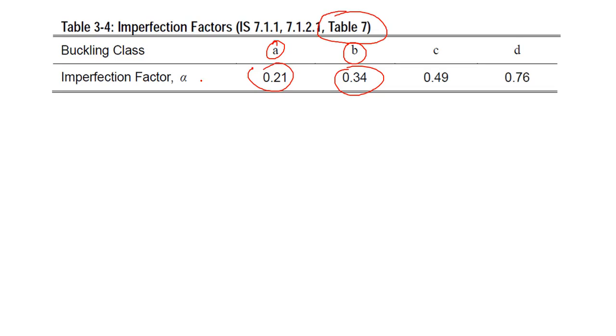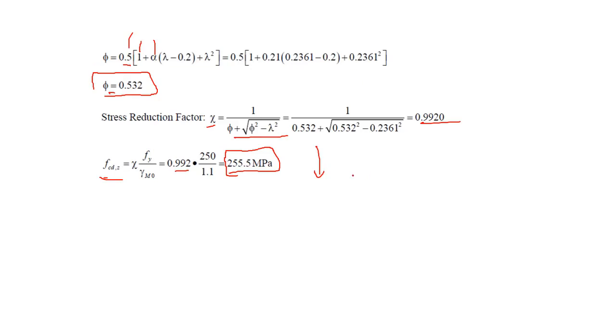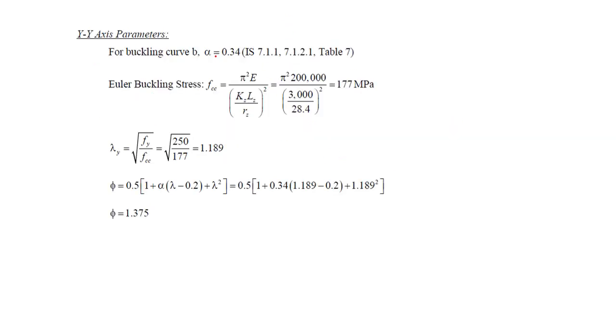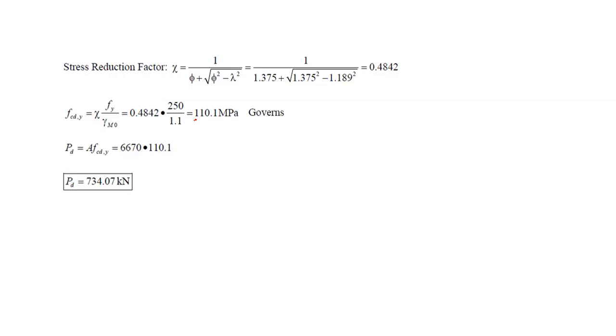Same thing, we got B. Right now we have completed the calculation by using A. Now you got B, which will be considering the buckling class in the local y direction. So same thing, alpha, you got to find out the buckling stress, you got to find out lambda y, phi, stress reduction factor, and finally you got to find out fcd.